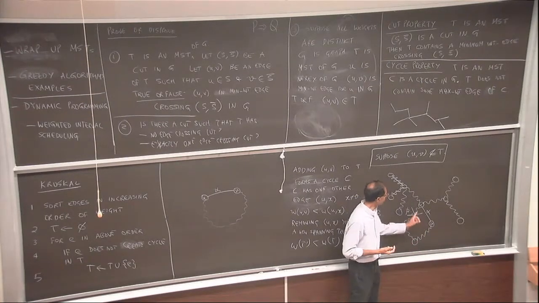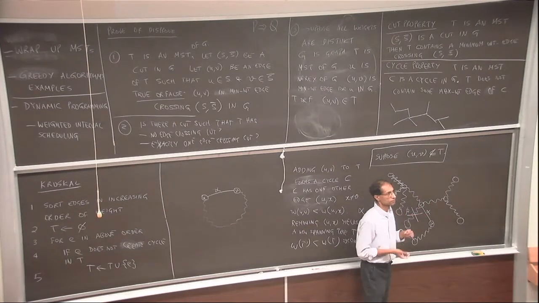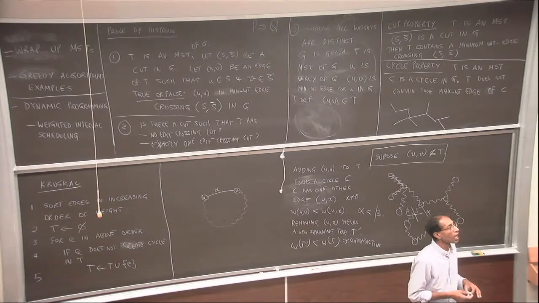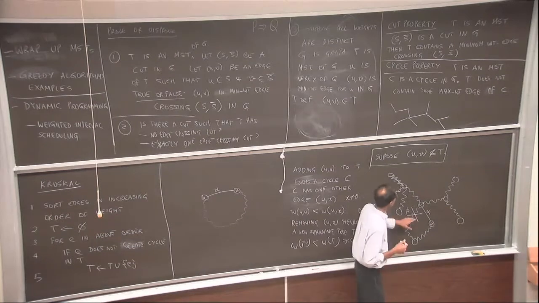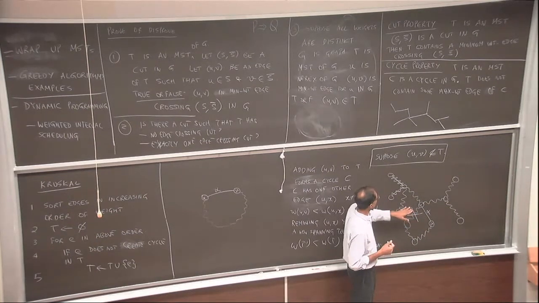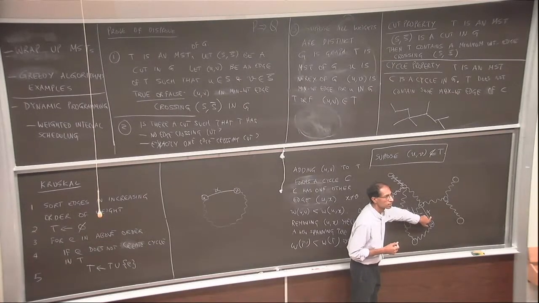But the only thing we know for sure is that this edge is bigger than alpha. Can the max and the minimum be the same? Because here the weights are distinct. Excellent. So the max and minimum cannot be the same. In this case, that's why we know beta is strictly bigger than alpha.